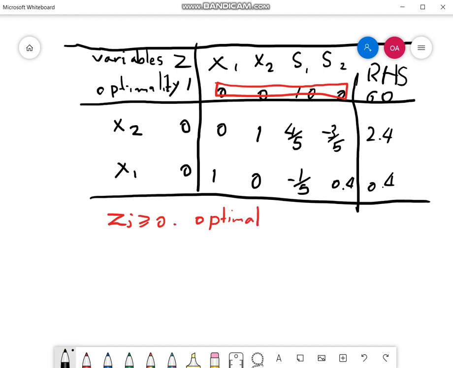So let's write down the summary. So my solution is optimal. So far I am not detecting an unbounded or infeasible solution.